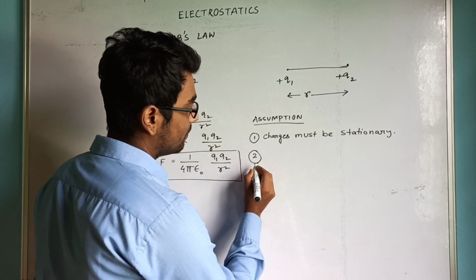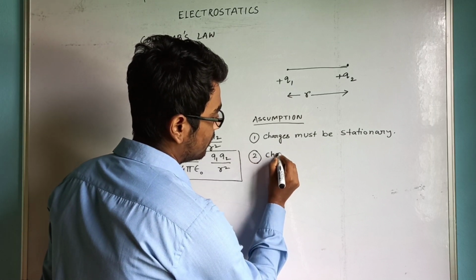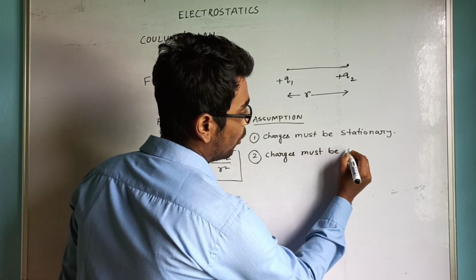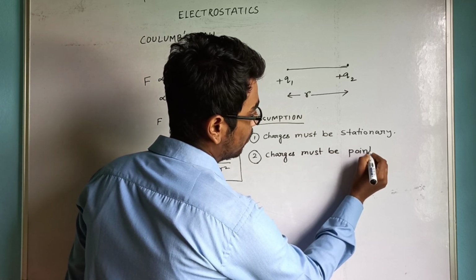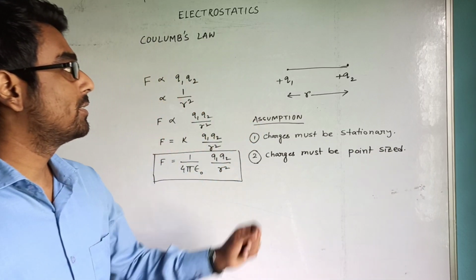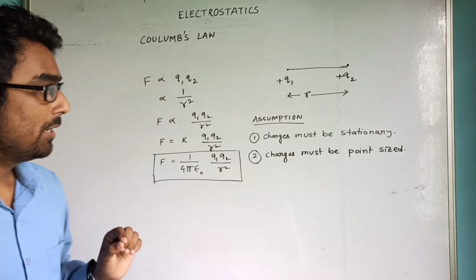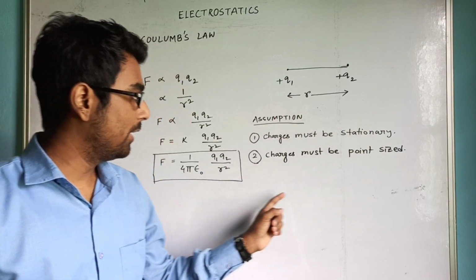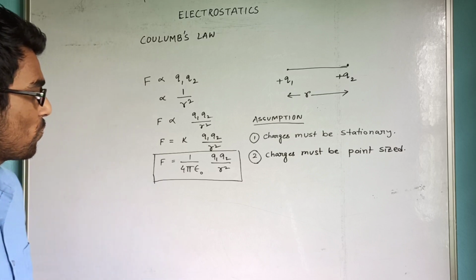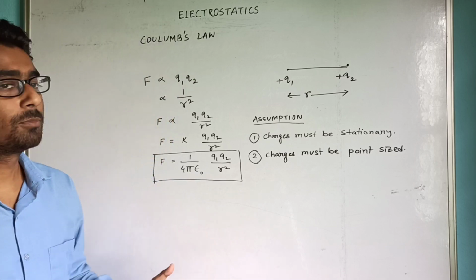Second assumption is the charges must be point sized. That means we should consider both the charges as point objects. If both the assumptions are satisfied, then only Coulomb's law will be valid. If the charges are moving, then there is no option for Coulomb's law.